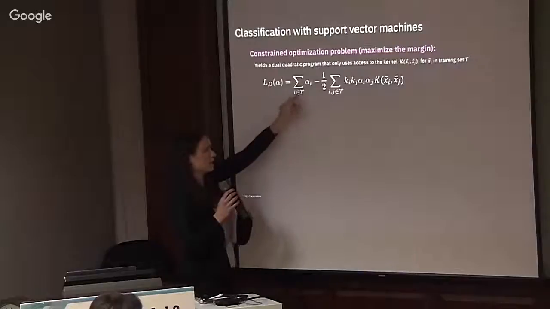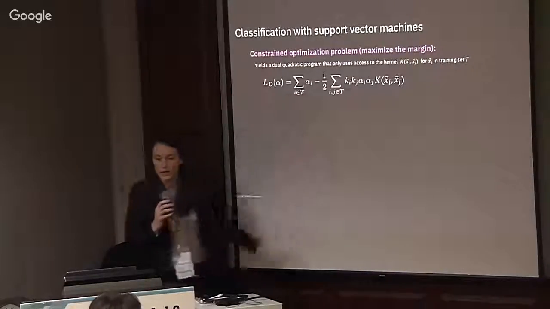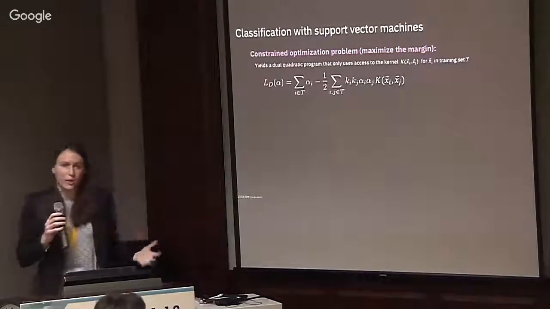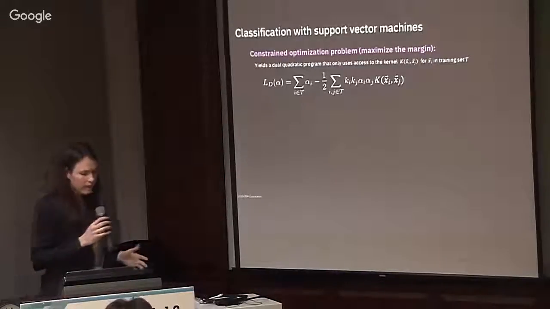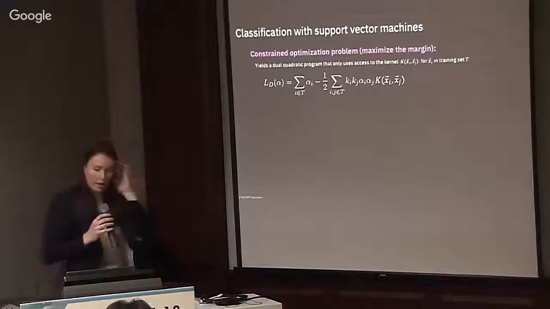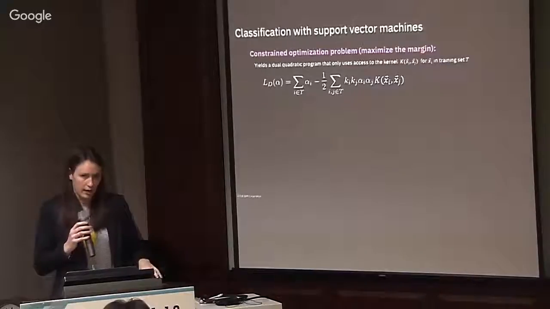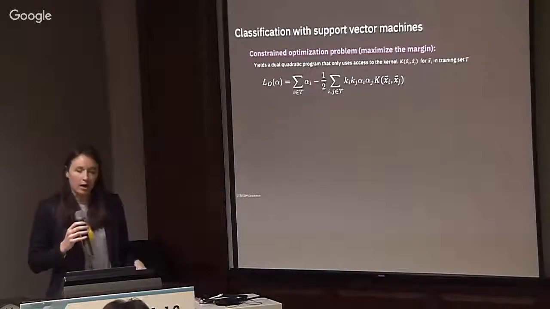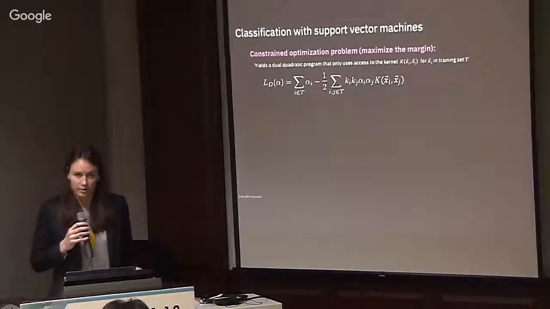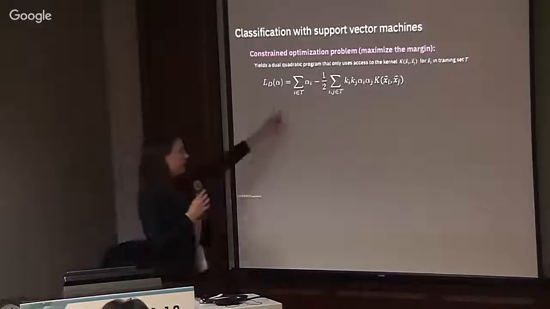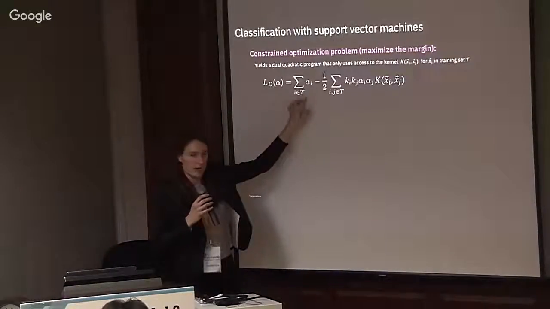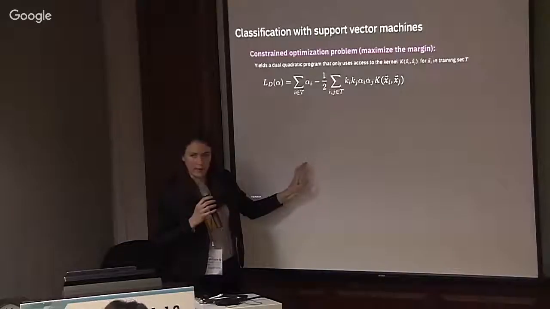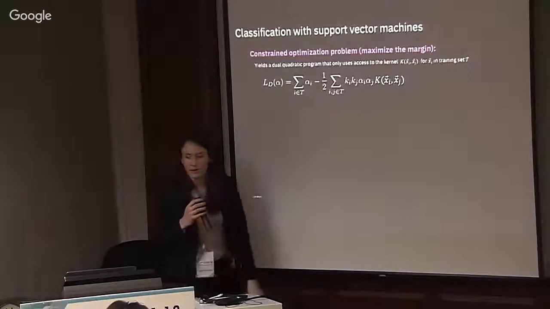So these alphas are weights, and this is what you're trying to solve for. And these weights will tell you which of your training data points are the support vectors. So any of these alphas that turn out to be non-zero will have a corresponding support vector associated with it.